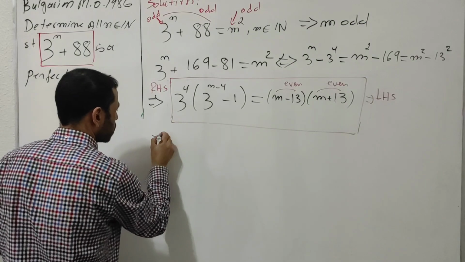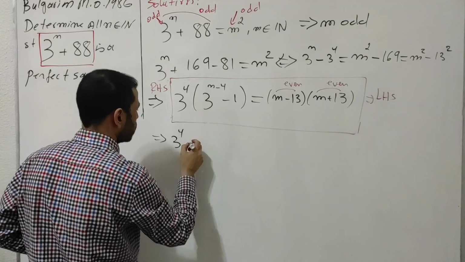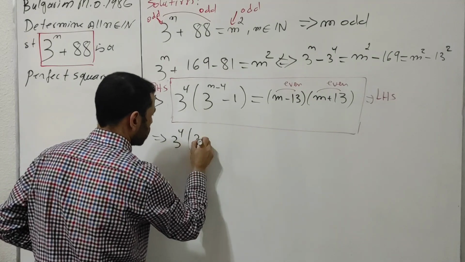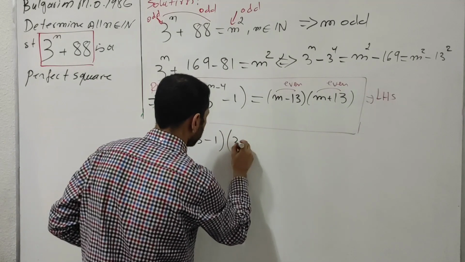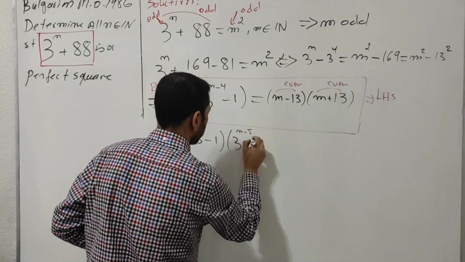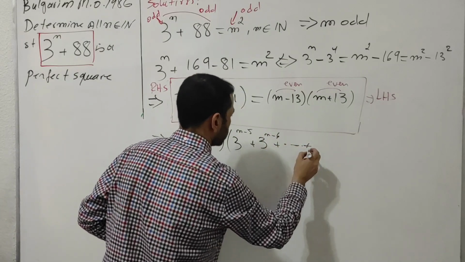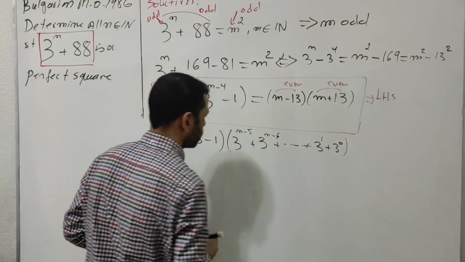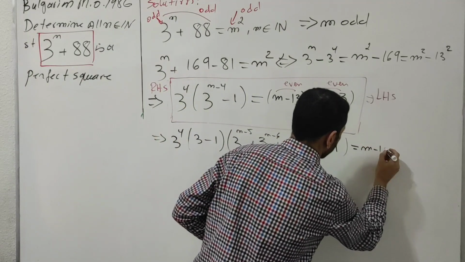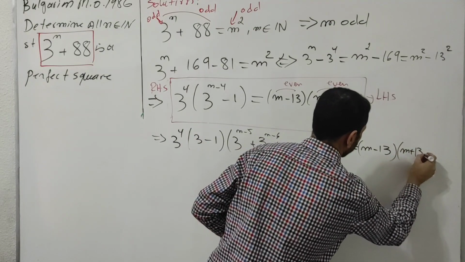So for this one, 3 to the n minus 4 minus 1 gives me a factor of 3 minus 1. I'm going to factor this out. It gives us 3 to the n minus 5 plus 3 to the n minus 6 and so on and so forth, until you get 3 to the 1 plus 3 to the 0, which is 1, equals m minus 13 multiplied by m plus 13.